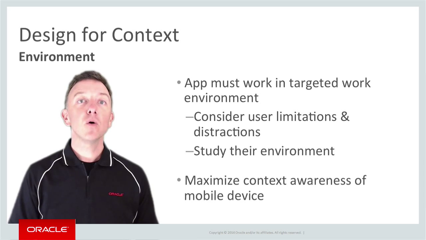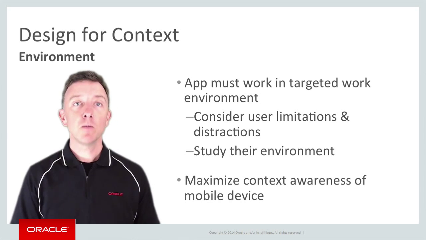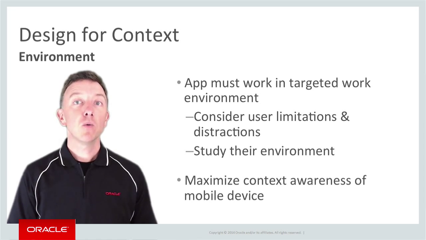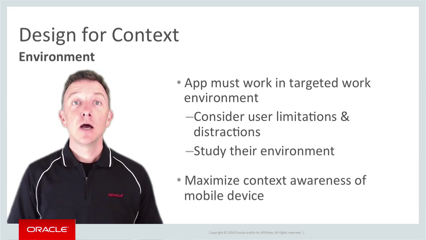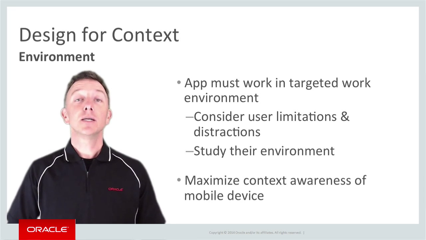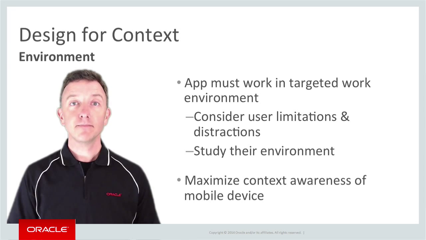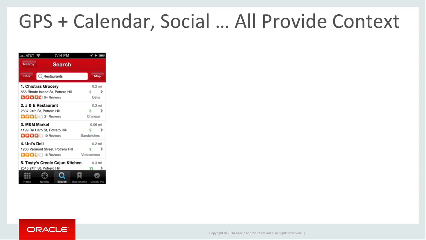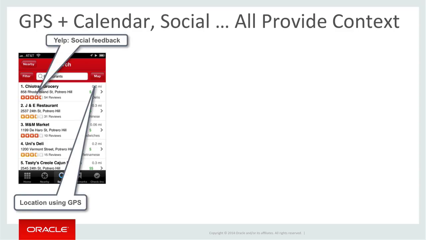As you can see, there are all sorts of opportunities available to mobile applications in context that have never really been available to desktop applications. It's well worth putting on our thinking caps to see what ideas we can come up with. If we look at some real examples, on the left we can see Yelp, which is well known for allowing mobile users to find businesses such as restaurants.